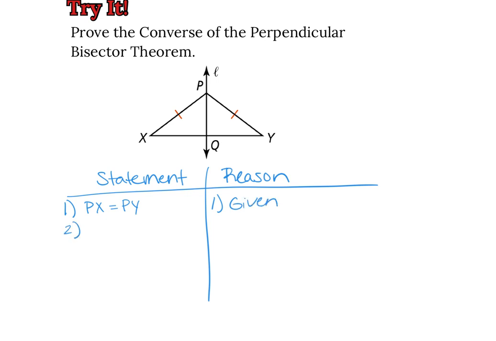Our second statement is that angle PXY is congruent to angle PYX. And that is because we have an isosceles triangle, and we can use the isosceles triangle theorem.